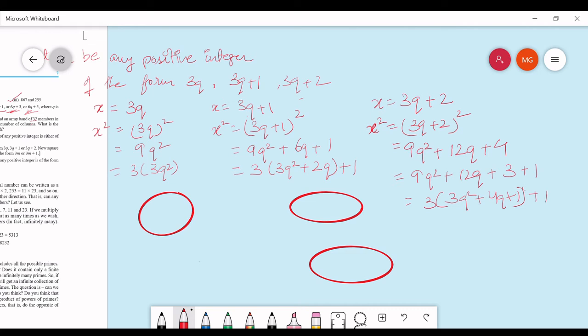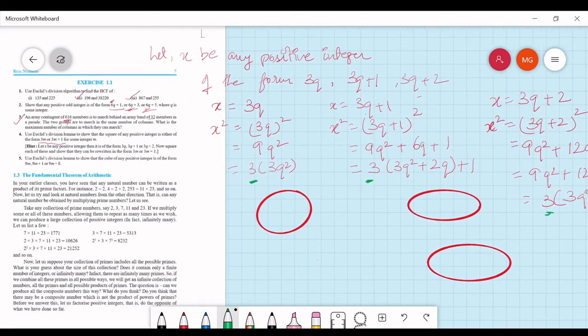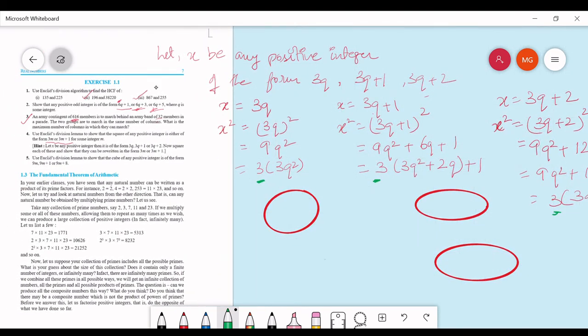So okay, now see why I took this 3 common everywhere. In your question it was written that this is of the form 3m or 3m plus 1, right? Here it is written for some integer m. That means m can be any integer.